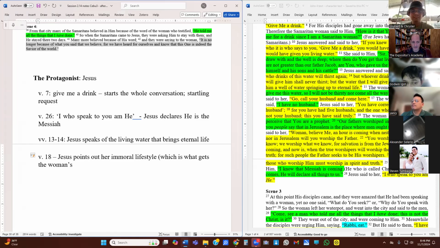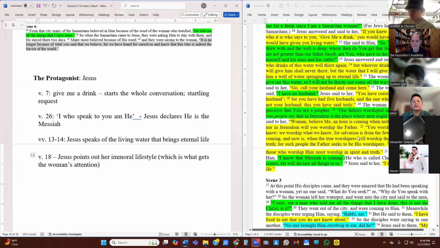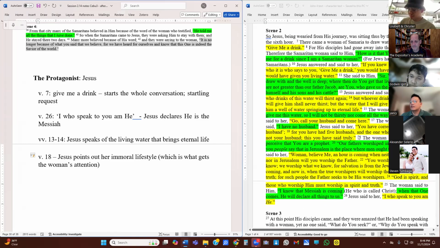Because when she goes to the village, she says, he told me everything, he knew everything about me. So he was able to reveal something that, even though he's a stranger, he knew something personal about her. Okay, good.